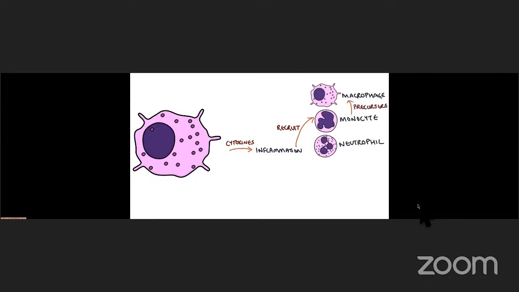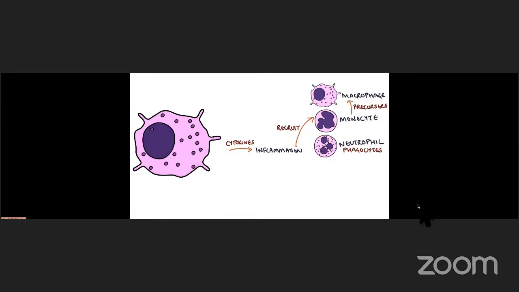Monocytes are precursors to macrophages that float around in the blood. Once they enter tissues, they differentiate into macrophages and can then carry out all the processes that macrophages normally carry out. Neutrophils are another type of phagocyte that circulate in the blood and can enter the tissues and help by destroying invading pathogens.